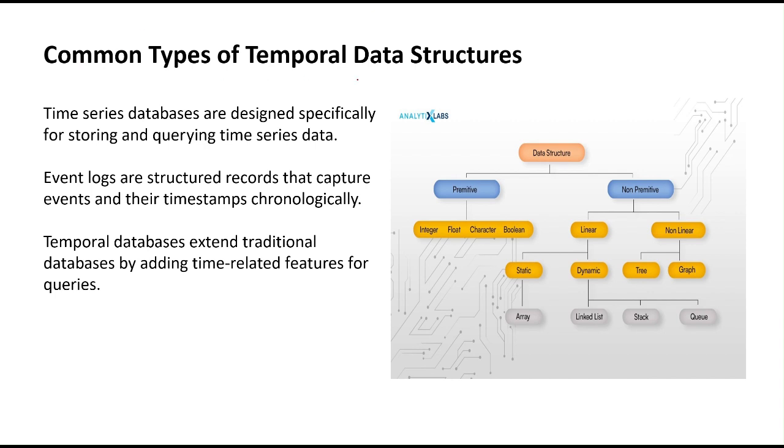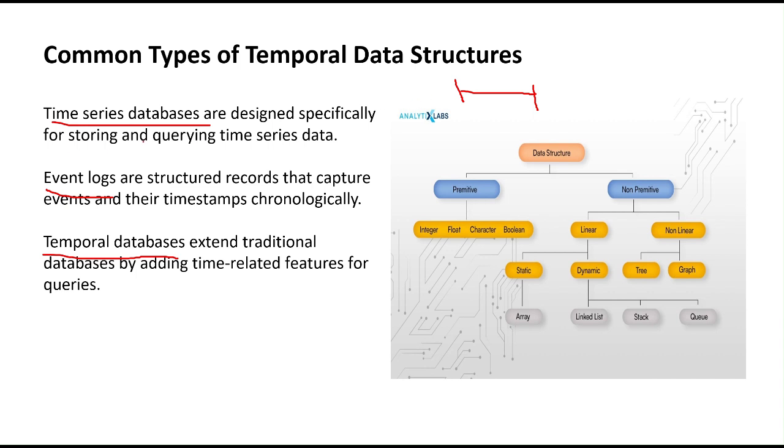The common types of temporal data structures. We have three types: time series databases, event logs, and temporal databases. Time series databases are designed specifically for storing and querying time series data. As we said, there is a particular time interval, and in this time interval the data is stored.